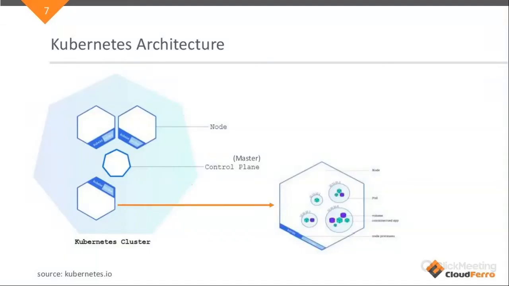A couple of concepts here. We deploy a Kubernetes cluster, and this cluster, in simple terms, consists of two main types of instances: nodes, or workers, and masters, also referred to as the control plane.